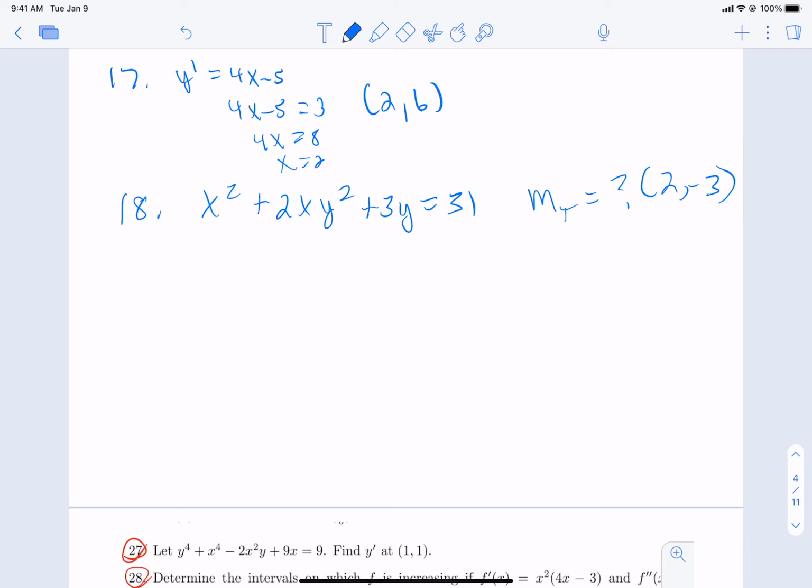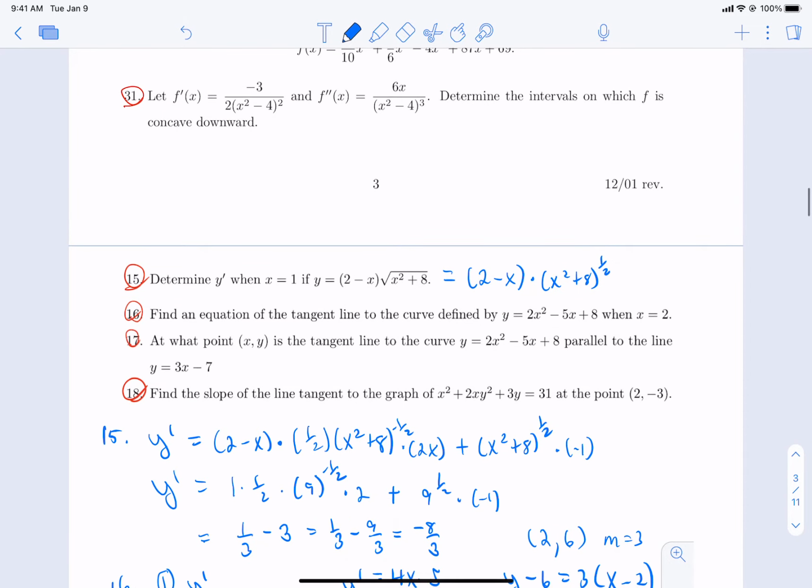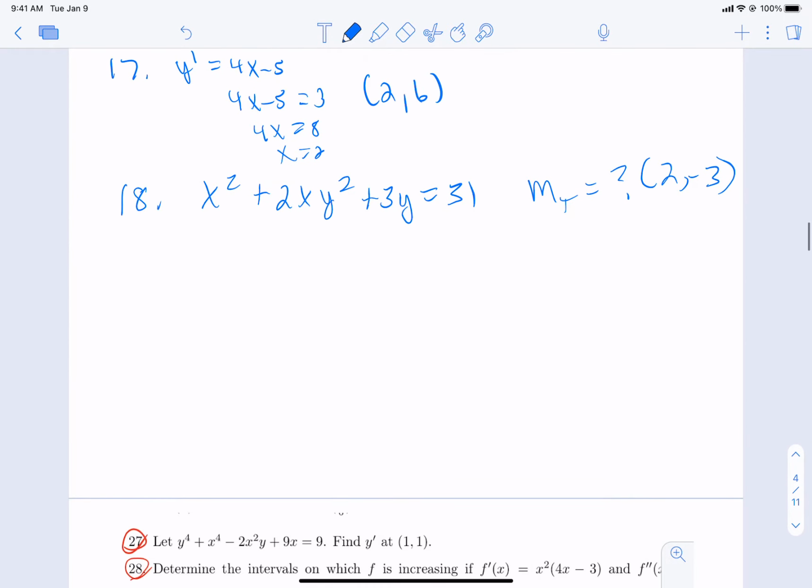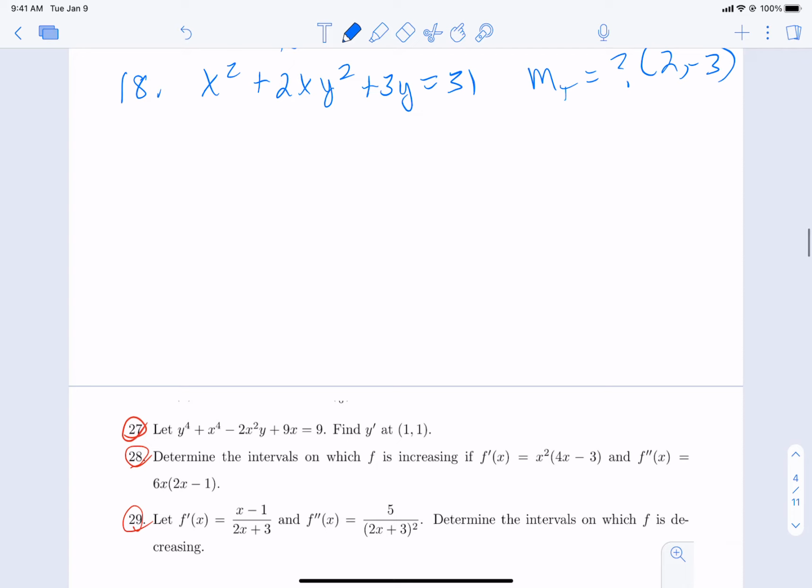In this case, you'll notice that the x's and y's are all mushed together. And did I write it down right? Yeah. Since the x's and y's are all mushed together, anytime they're touching, put a little dot between them to remind you that you must use the product rule, and that every time you take a derivative of y, you're going to put a little y prime there. It's like a chain rule.